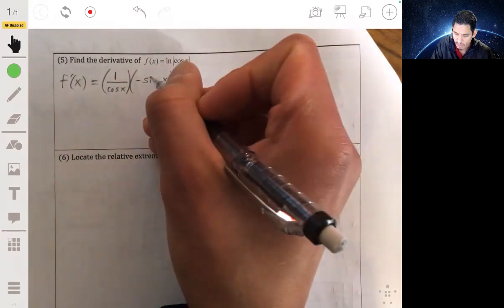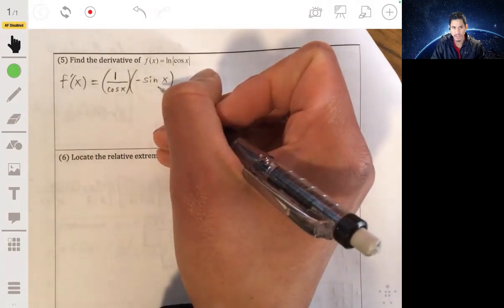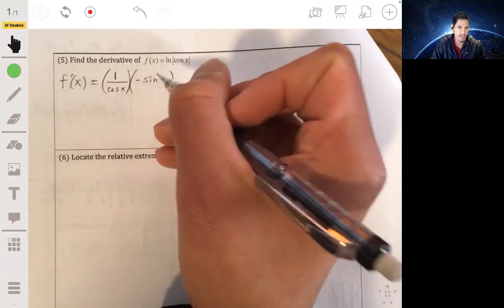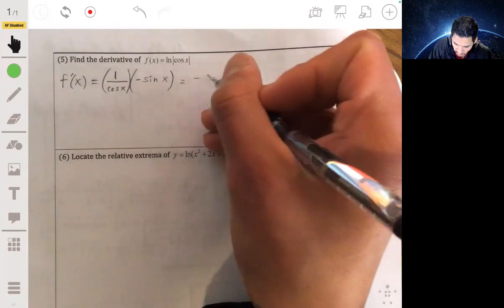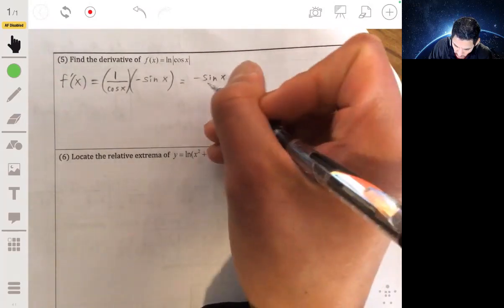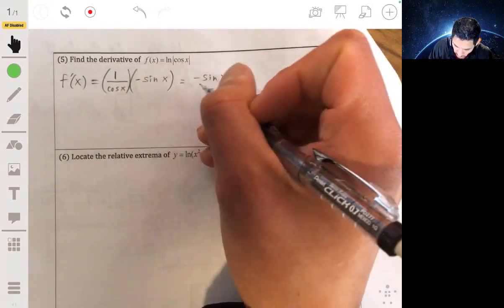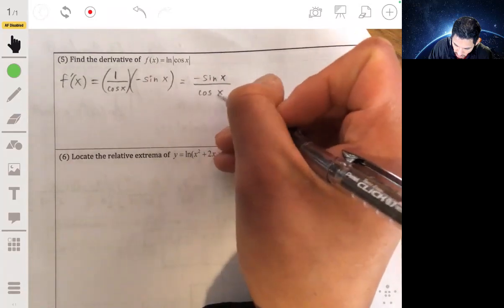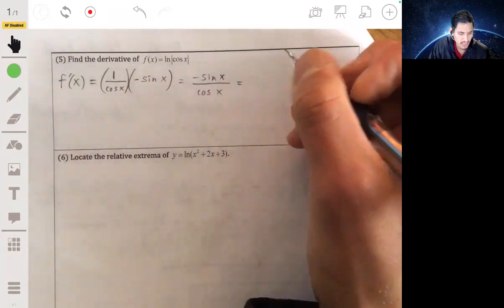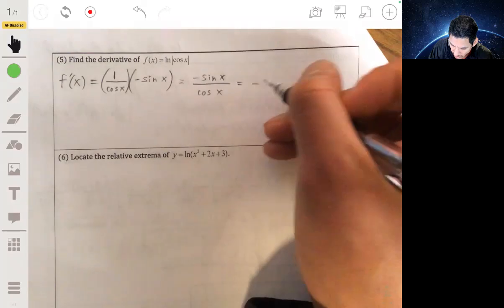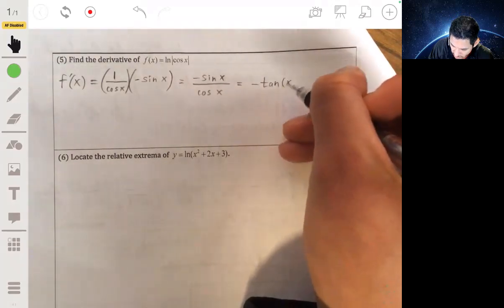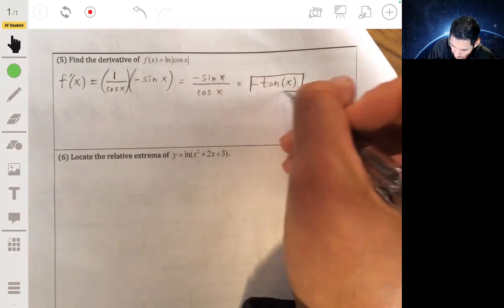So again, we don't have to worry about making this positive. We can just leave it as a negative sine of x. So this will be the negative sine of x over the cosine of x. And that just becomes the negative tangent function of x. That's simple.